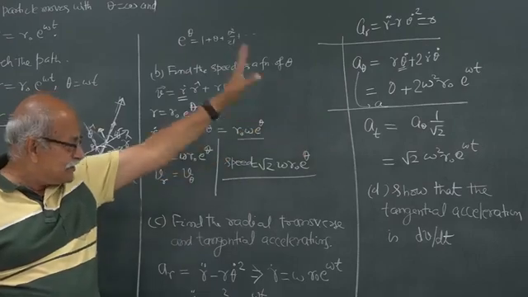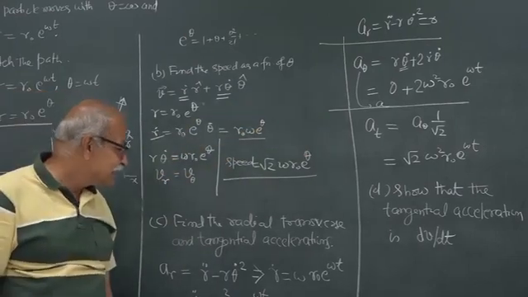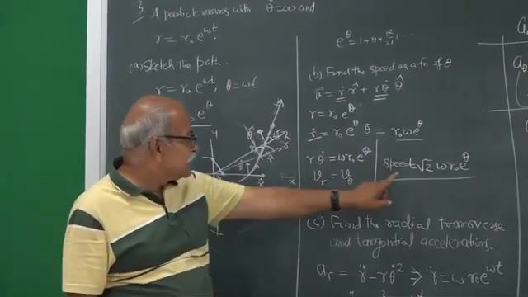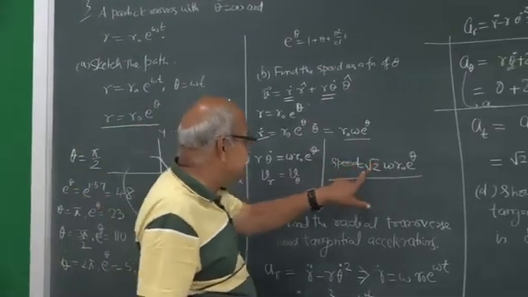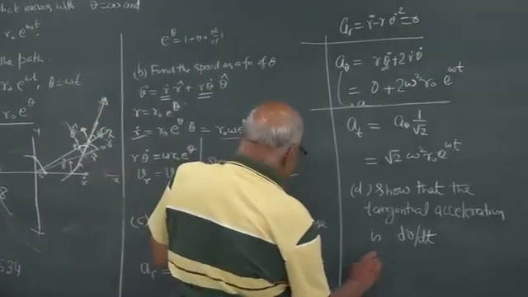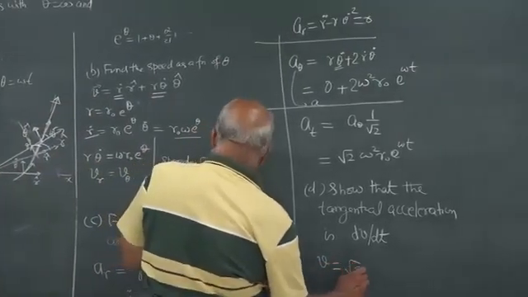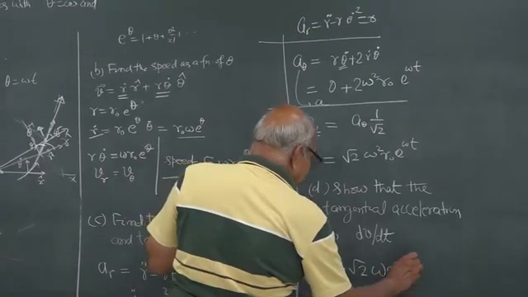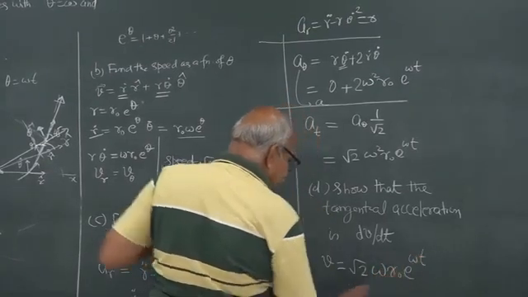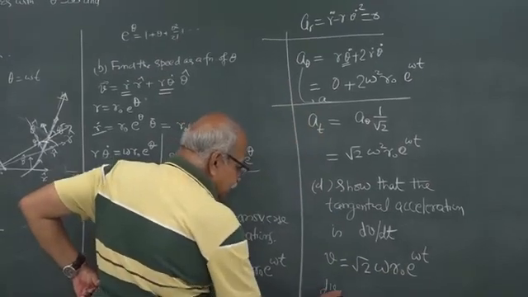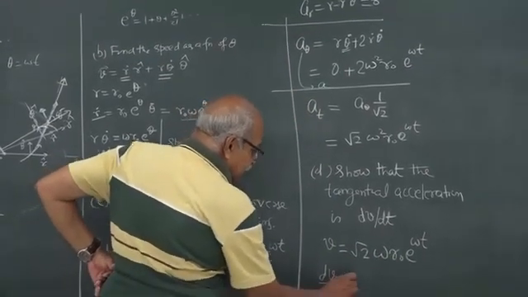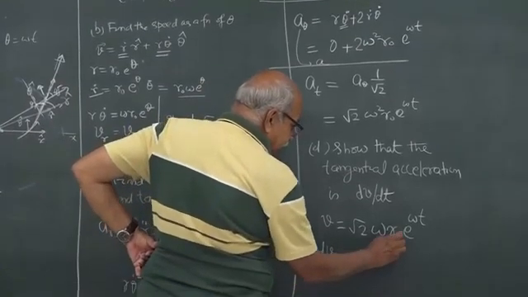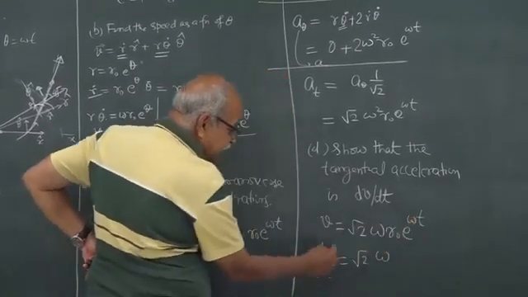That we generally do for circular motion, but here if I do this dv dt, what is speed? Here is the speed. So, v is equal to square root of 2 omega r naught e to the power theta, which is omega t. So, dv dt, the rate of change of speed: square root here, omega here, and one omega will come from the differentiation.